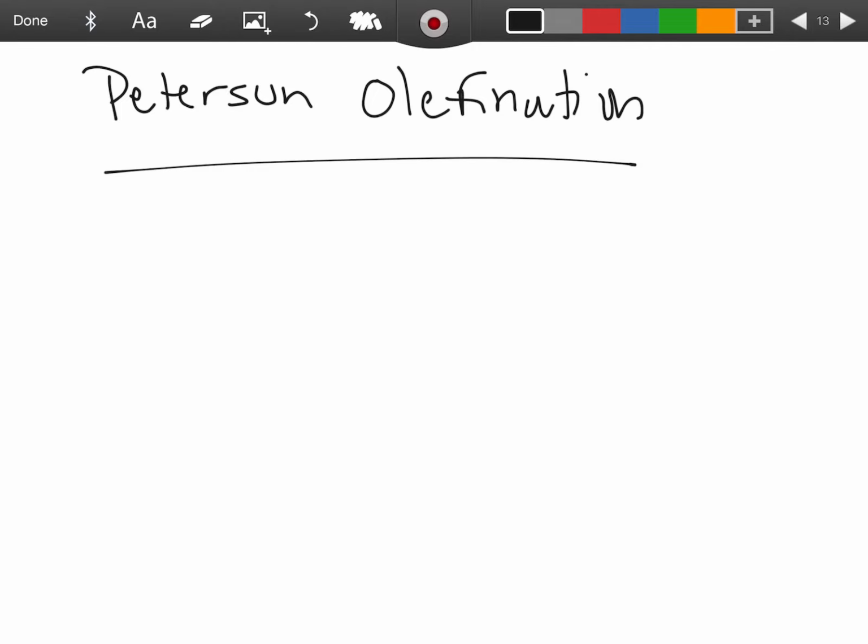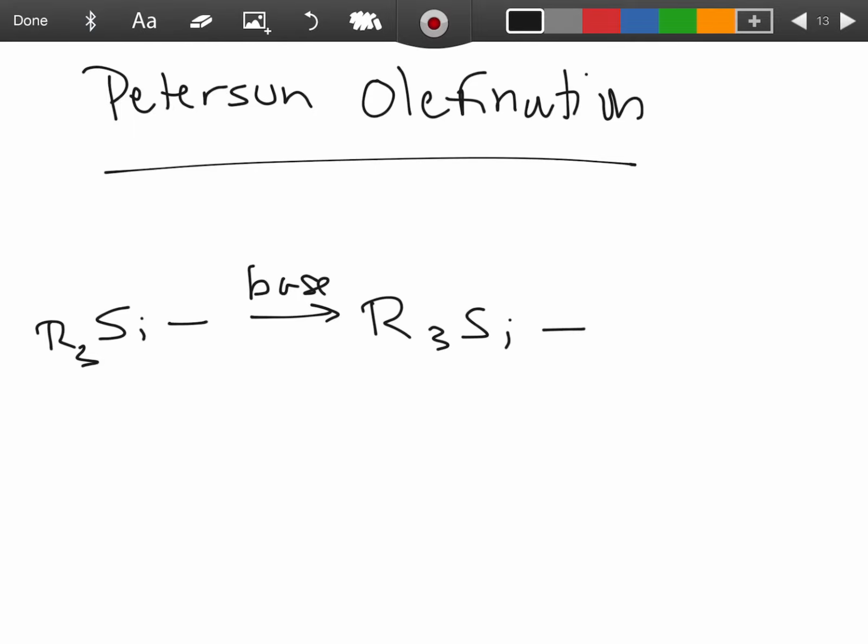Right, so you have some silyl group that you can treat with base to make an alpha silyl anion.